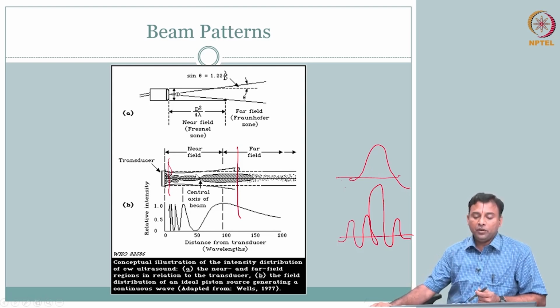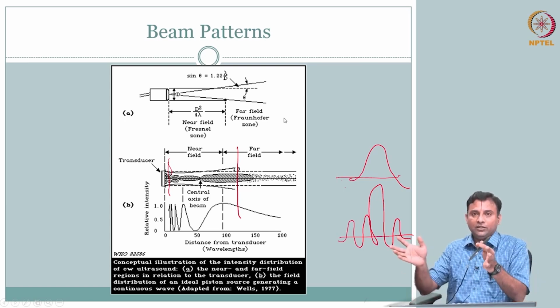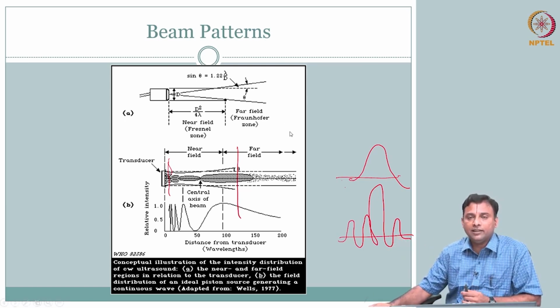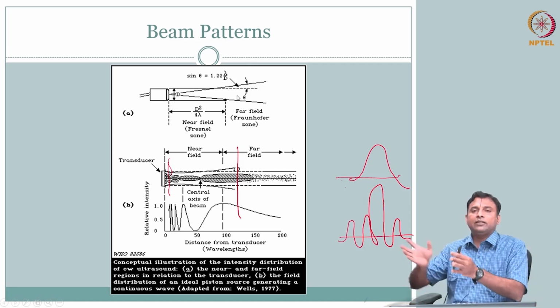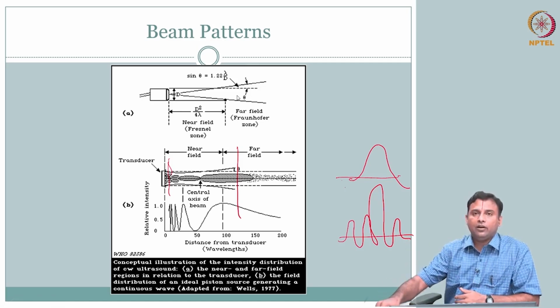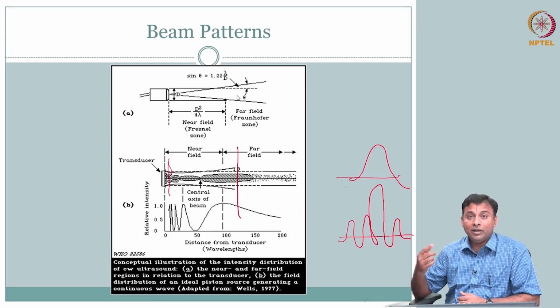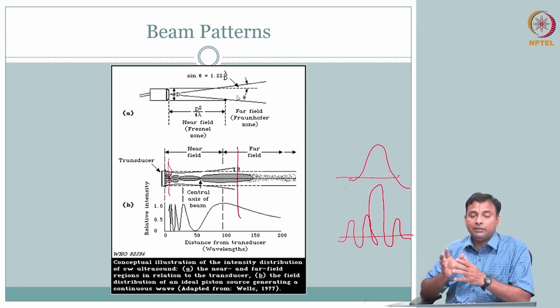Good. So, what we will do now is recognize two other important ideas. One is this divergence, right? So, that means it is diverging, and angle of divergence is a parameter. What is the disadvantage in divergence, right? In imaging, what are we supposed to do? In imaging we are supposed to have good lateral resolution also, right?